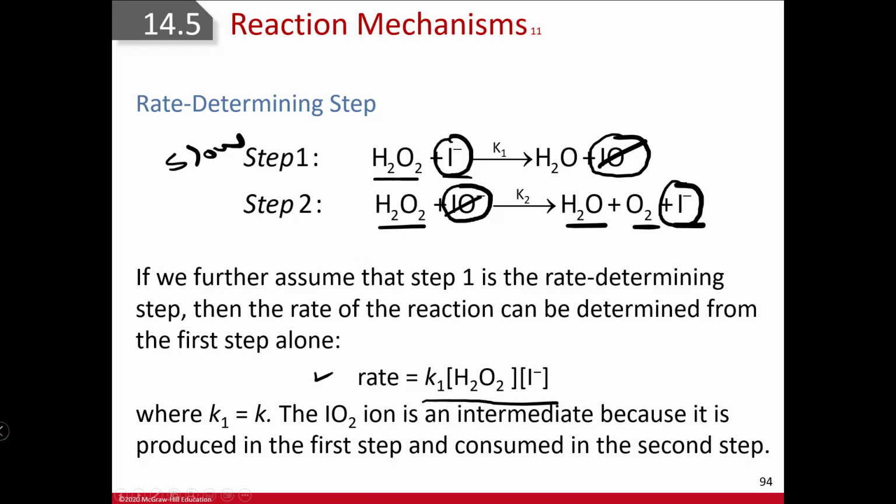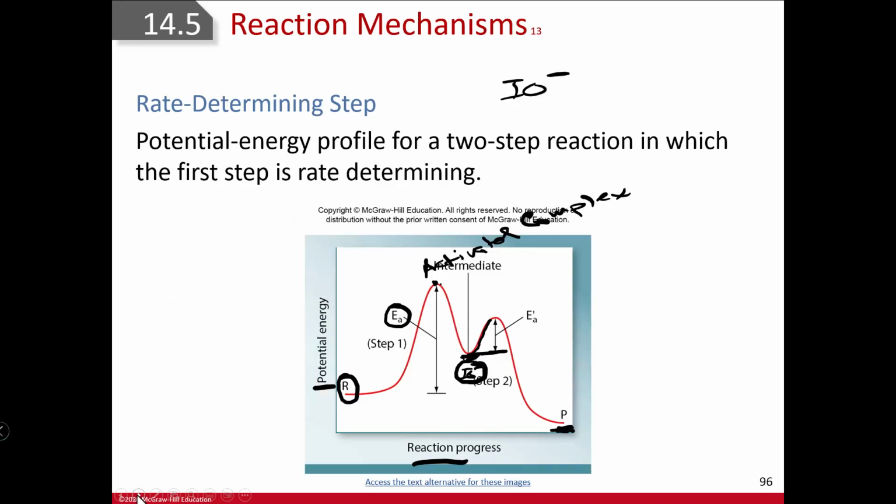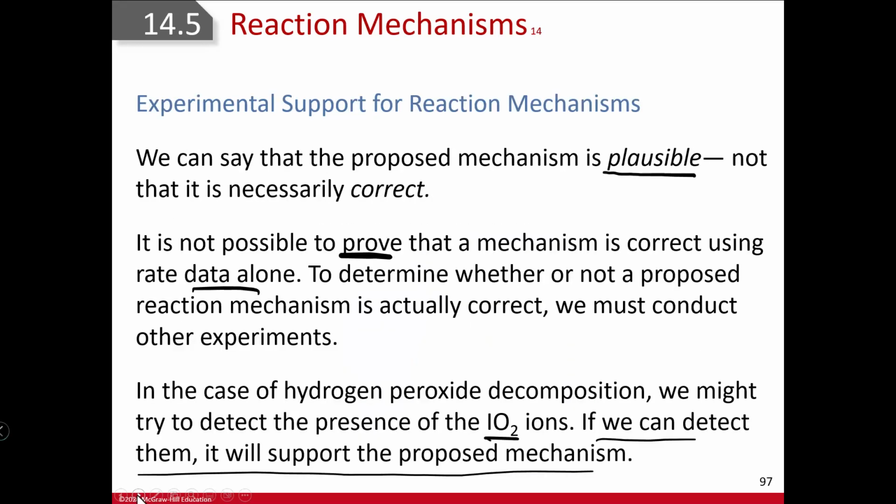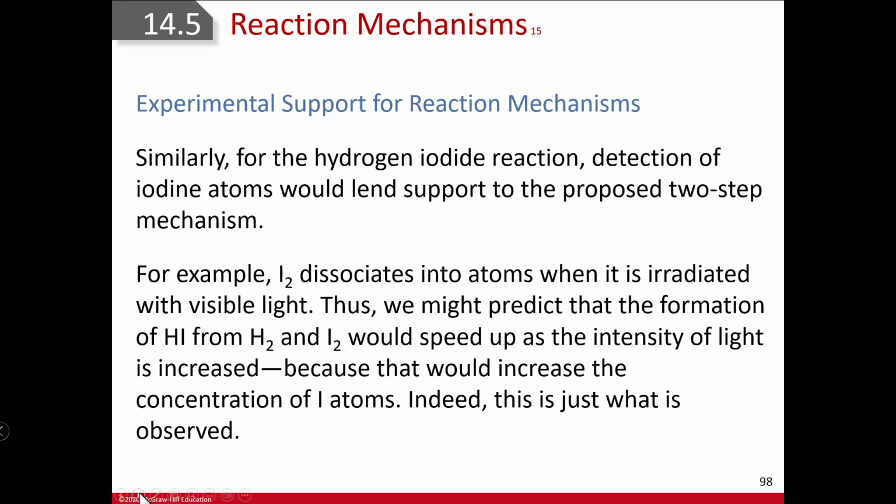All right. And so we would check for that. An intermediate. Yeah, there's a mistake here. This should be IO negative, not IO subscript 2.